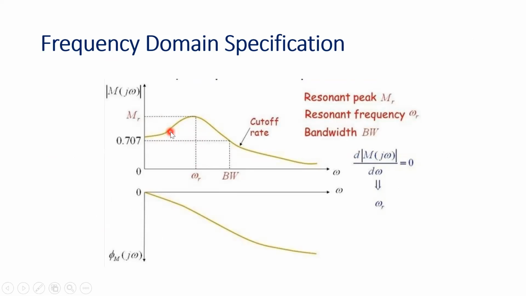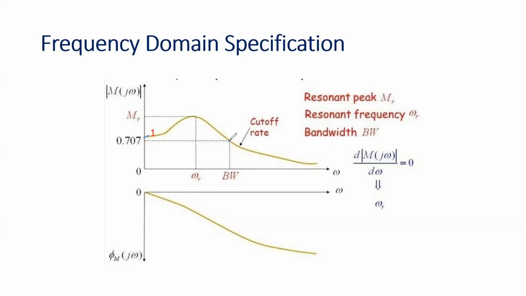And what is bandwidth? Say this is the value at, say, 1, the initial condition when the frequency is 0. Bandwidth is the frequency at which the output reduces to 70% of its initial value. When it starts, there will be some initial value, this value.